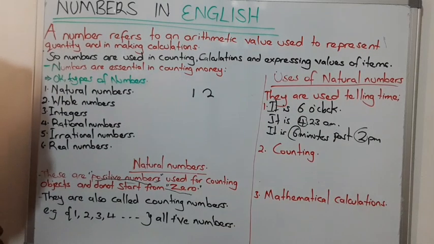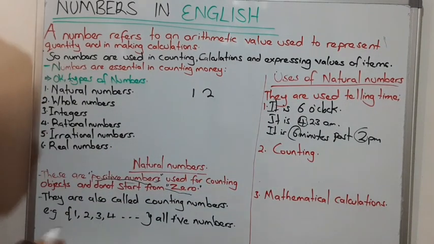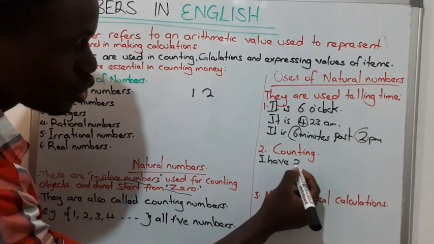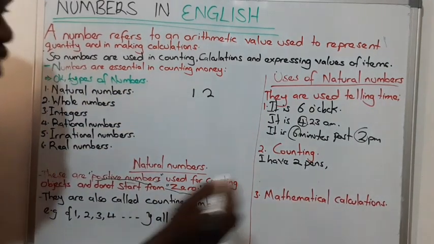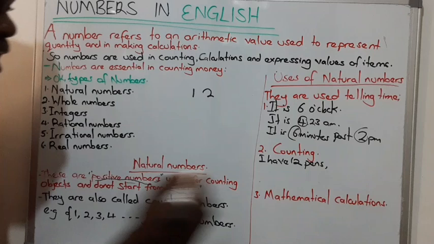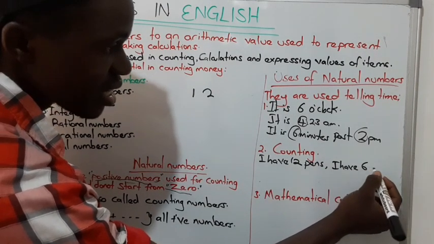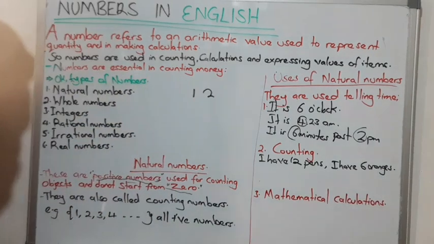Also, natural numbers are used in counting. For example, I have 2 pens. So you are counting the pens. I have 6 oranges.